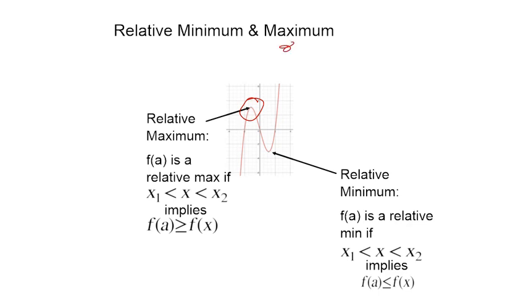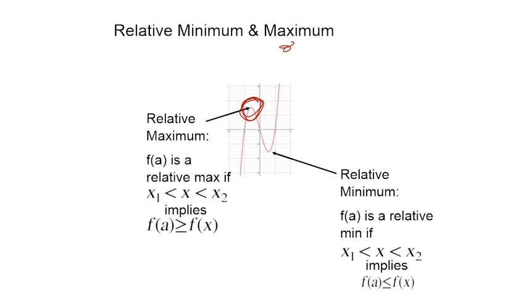So positive infinity would truly be the maximum of this graph. However, with the relative maximum, I'm looking at, in this particular region, where is the maximum value in that region. It's possible for a graph to have multiple relative minimums and multiple relative maximums. That's why they're relative. They're relative to the area that they are in, okay?